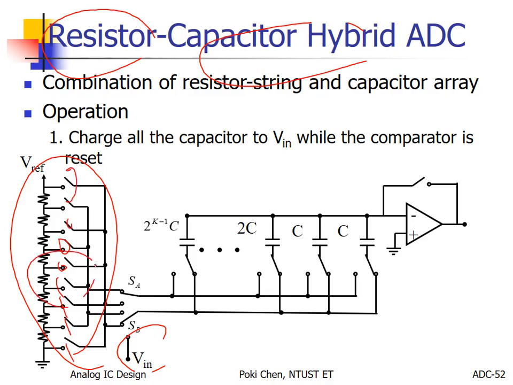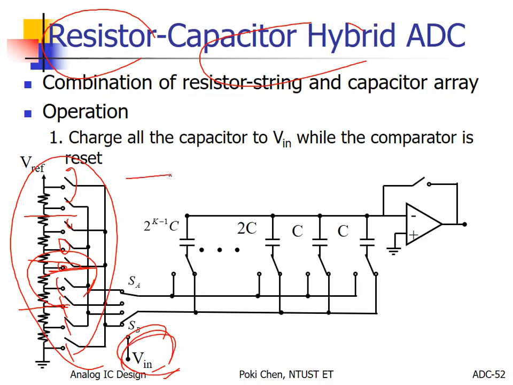So we want to find the boundary between ones and zeros. But how to find the boundaries? By SAR. You compare your Vin to the middle. Not enough, then to the top. Too much, to the bottom. Then with SAR operation, we can find the closest two quantization levels around Vin.